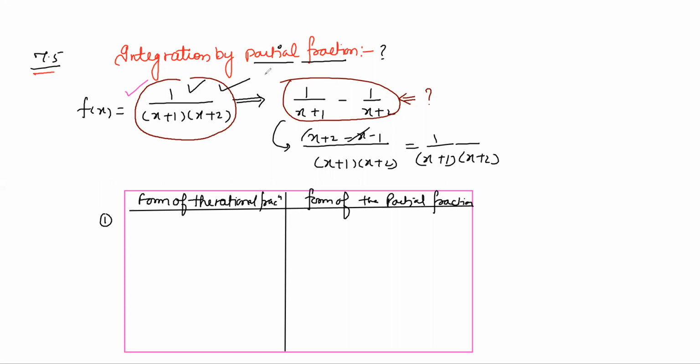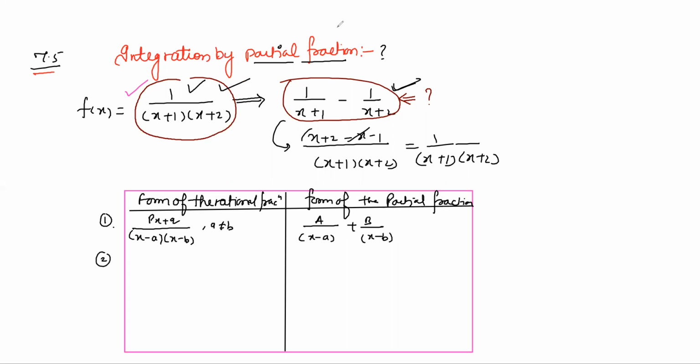This is the first variety: (px plus q) upon (x minus a)(x minus b), where a is not equal to b. Then you will partially fraction it like this: A upon x minus a plus B upon x minus b, as I have done here.